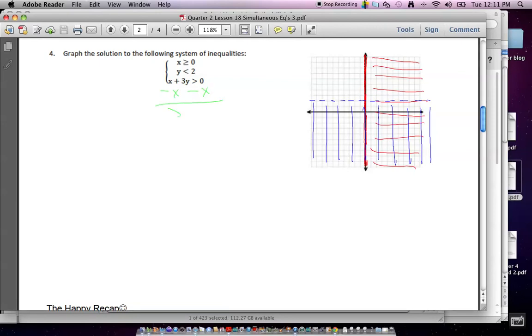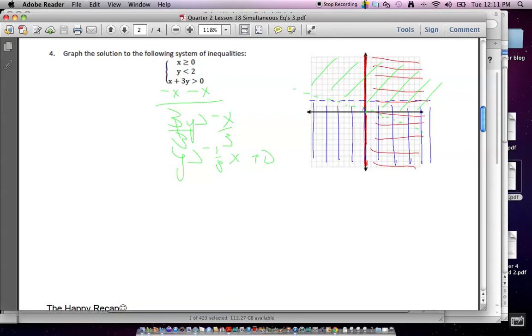Minus x, 3y is greater than negative x, divide by 3, and I get y is greater than negative 1/3 x, and if I want, plus 0. So my y-intercept is 0, and my slope is down 1 over 3, down 1 over 3, down 1 over 3. And this is a broken line as well. And this is greater than, so I shade above.